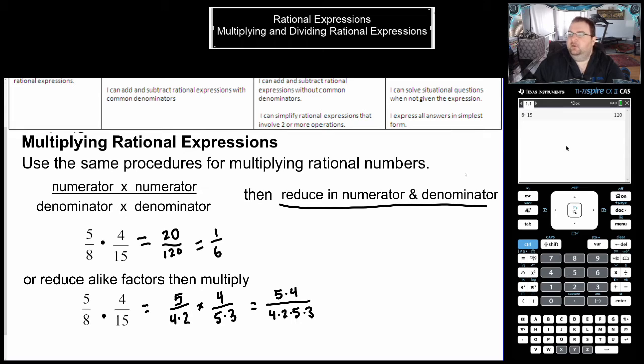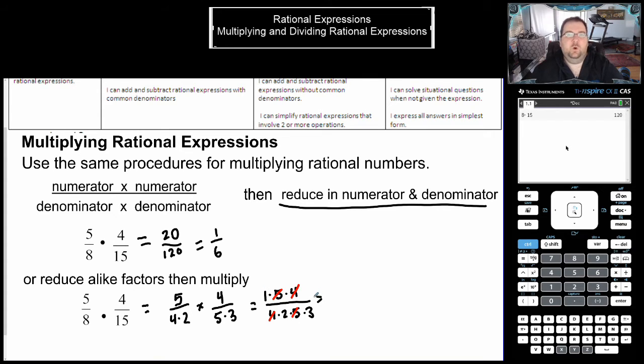And you might be going, you know what, Mr. Emond, this doesn't look much easier. But remember, when you have alike terms, when everything on the numerator is being multiplied and everything on the denominator is being multiplied, when you have alike terms, you can cancel them out. There you go. And now you can see why this method is sometimes easier. Because now what are you left with? On the top, just a 1.